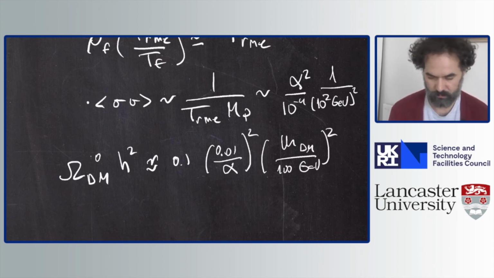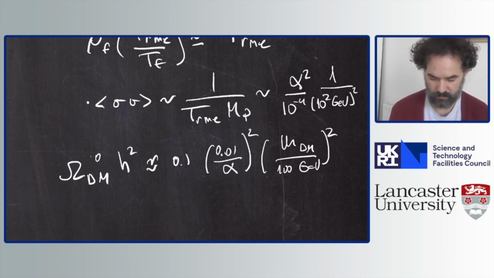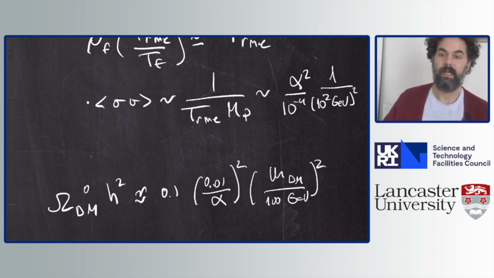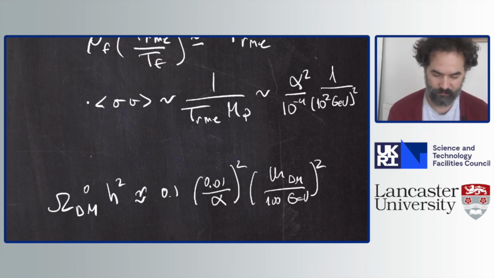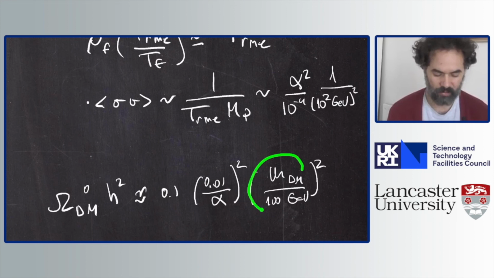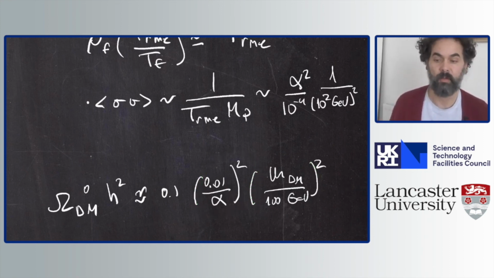Very important. Again, this is telling us that to explain the abundance of dark matter today, you need a cross section corresponding to a particle with a mass of around 100 GeV, and some small constants of order 10 to the minus 2, which is also good.